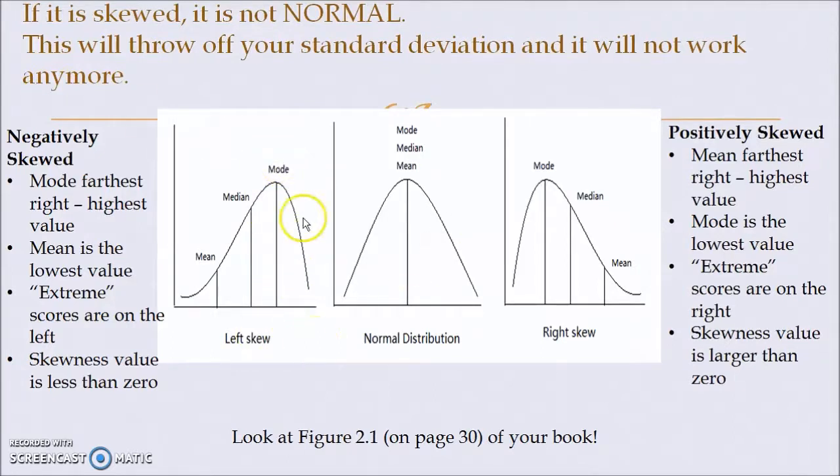You do have questions on your quiz related to this skewness, negative and positive skewness. If we look at positive skewness, we could talk about a group of students going to a camp, and we look at their ages.